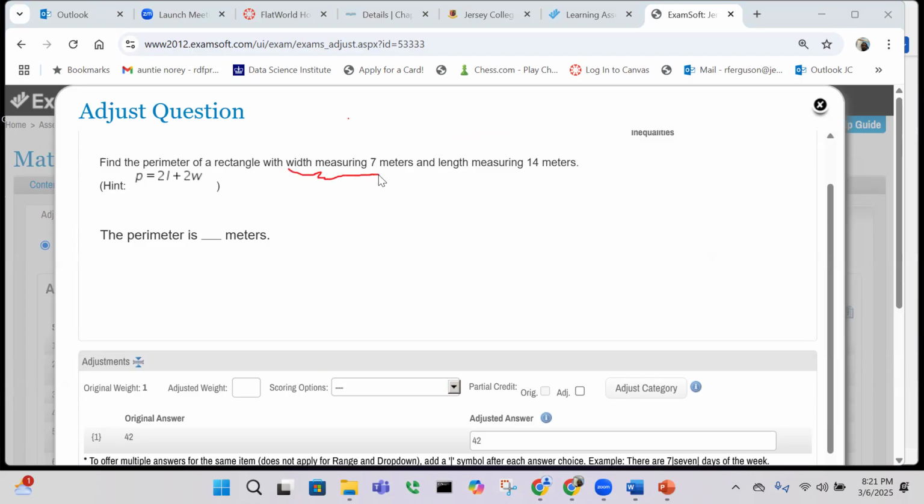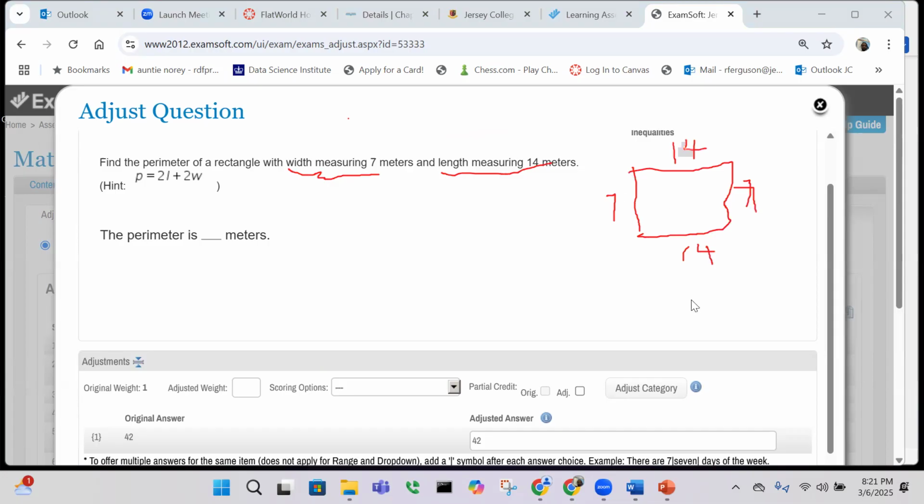The perimeter question. This is something we're gonna go over later, more like a geometry question, but it is a substitution question. The width measures 7 and the length measures 14, and we're thinking about the rectangle. We need to know the length around all of it. This is also 14 because a parallelogram has 2 parallel sides that are equal.